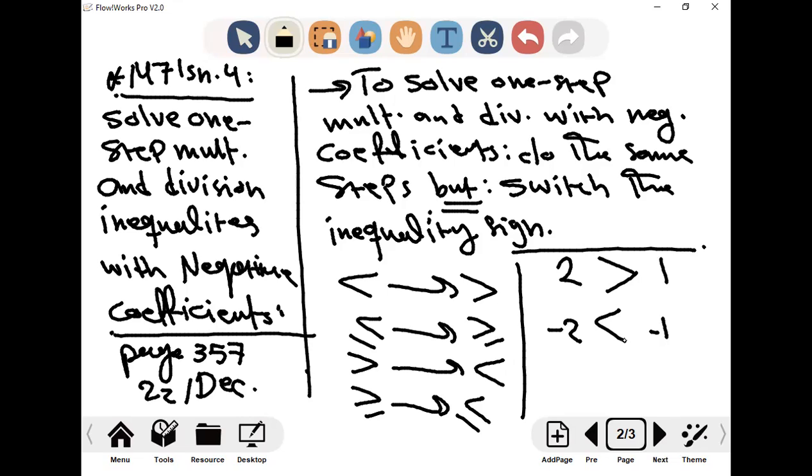This is important. Write it here in your notes. Copy it with me.